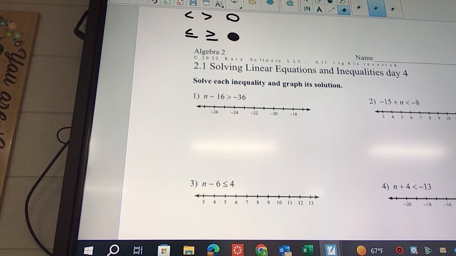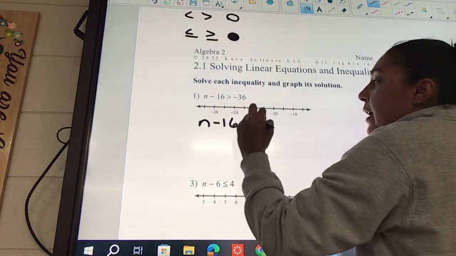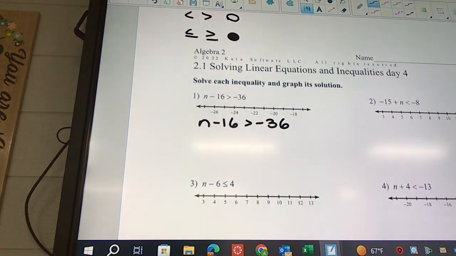Okay, so I'm going to write this equation below here, just so we have some room. We're solving for what letter? N. What is on the N side that needs to be moved? Negative 16. How do I move a minus?